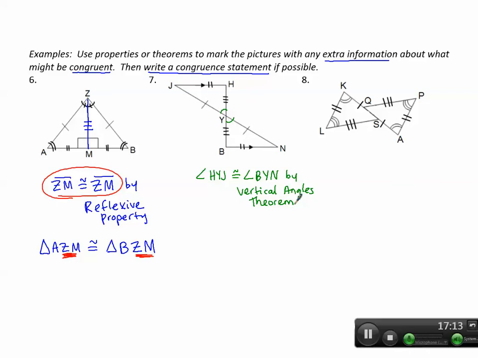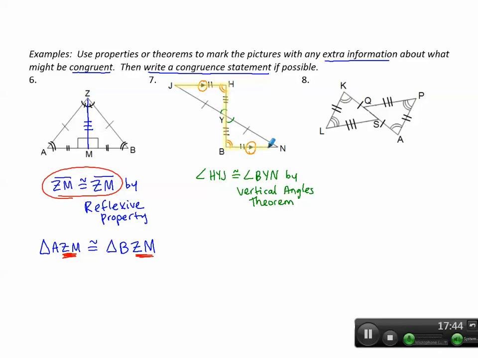Well, I only have one pair of angles, so I have to look for something else. Notice that I have parallel lines. These symbols mean parallel. So that tells me that I can find congruent angles, such as these two angles, angle H and angle B. These are alternate interior angles. Now sometimes we can extend the lines to help us, and sometimes it's more helpful to notice this pattern.